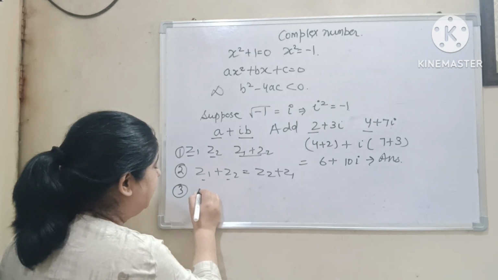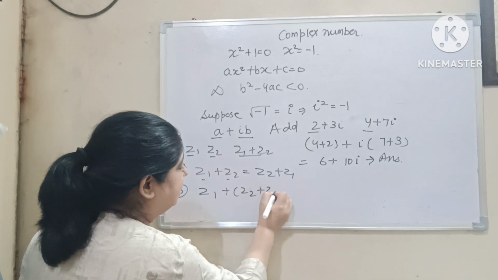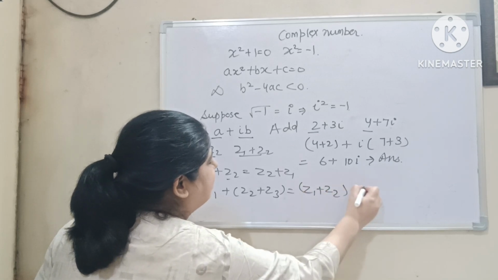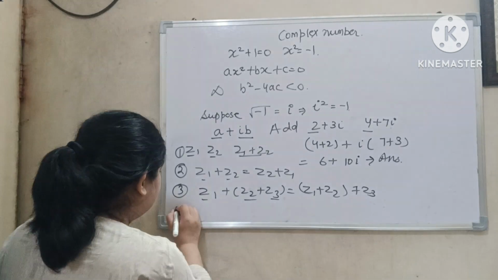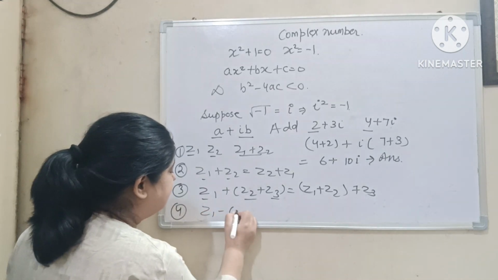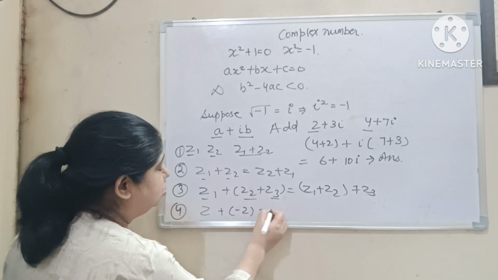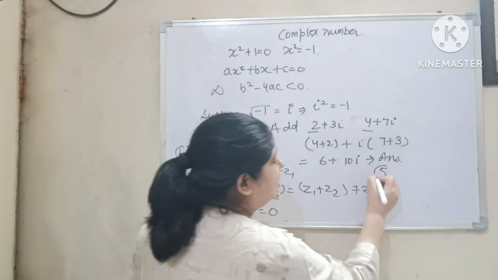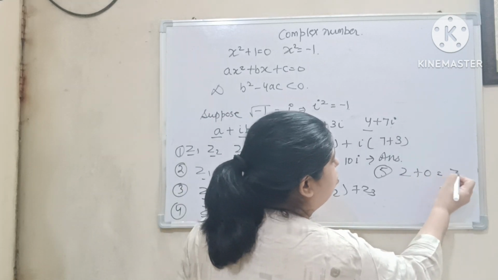What is meant by associative property? Z1 plus Z2 plus Z3 equals Z1 plus Z2 plus Z3, where Z1, Z2, Z3 are complex numbers. Fourth is additive inverse. Z plus minus Z is equals to 0, where Z is the complex number. Fifth is the additive identity, that is Z plus 0 equals to Z.